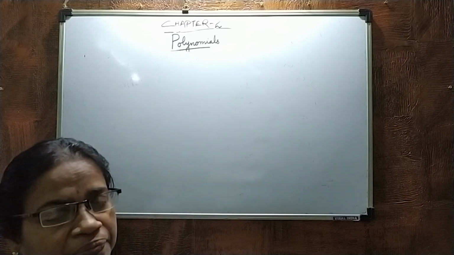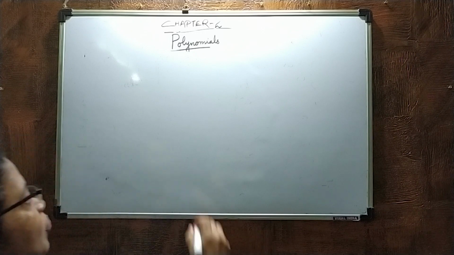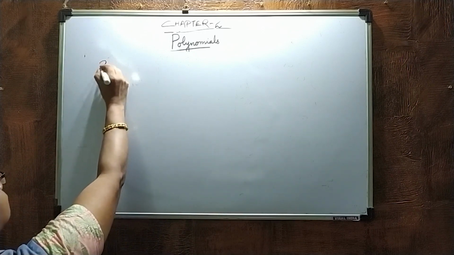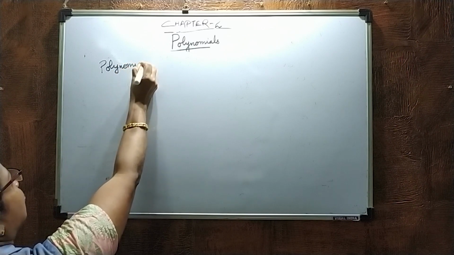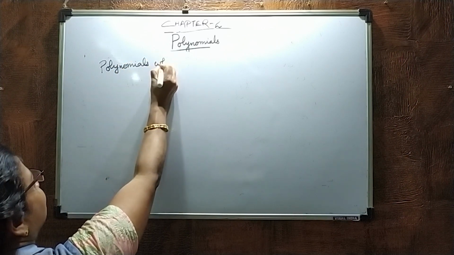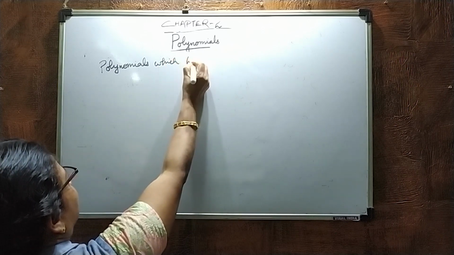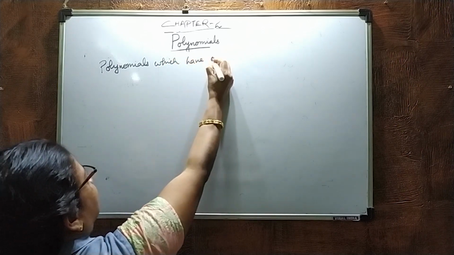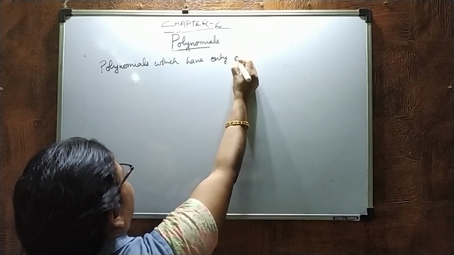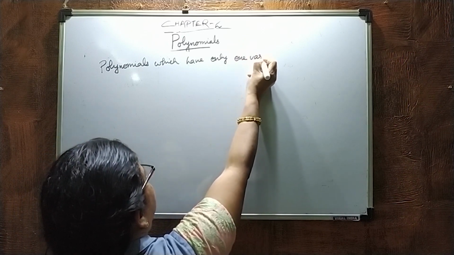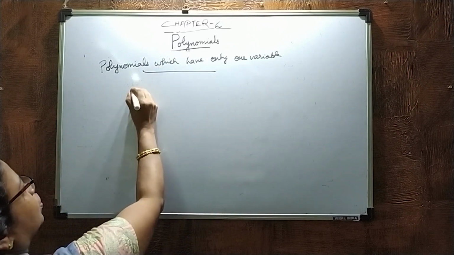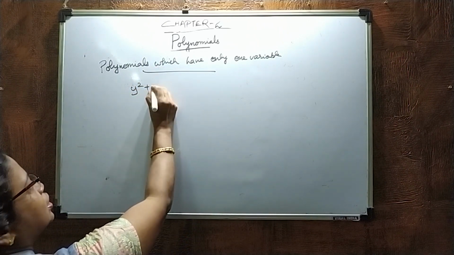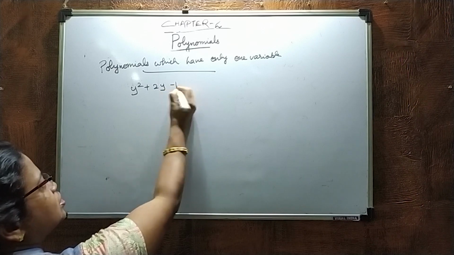Next you have to remember about the terms. Before that, what are polynomials with one variable? Polynomials with one variable means the polynomials which have only one variable. Example, just look, y square plus 2y minus 1.